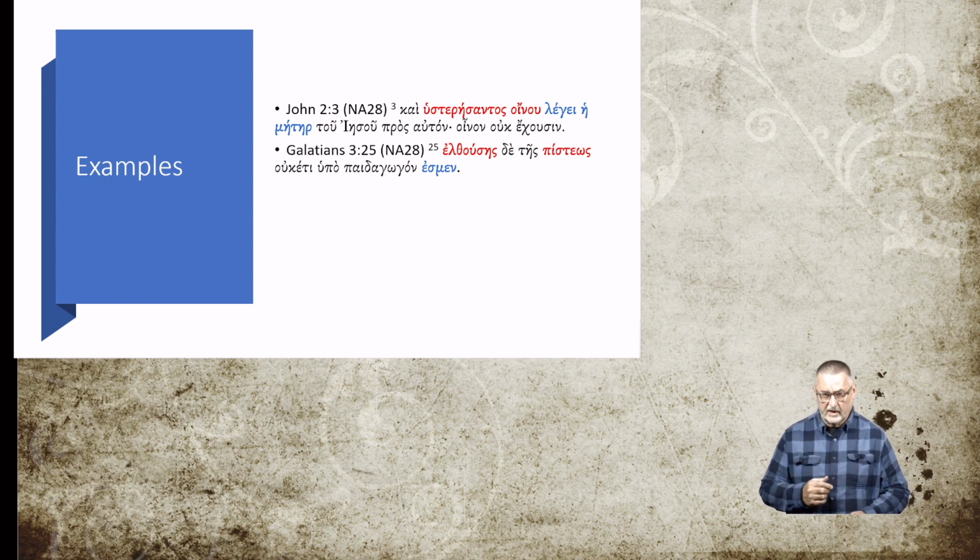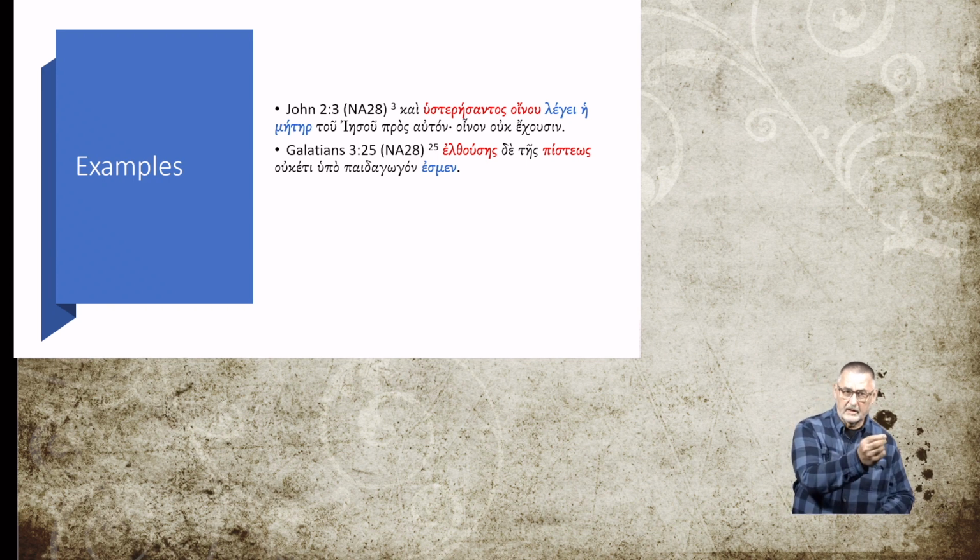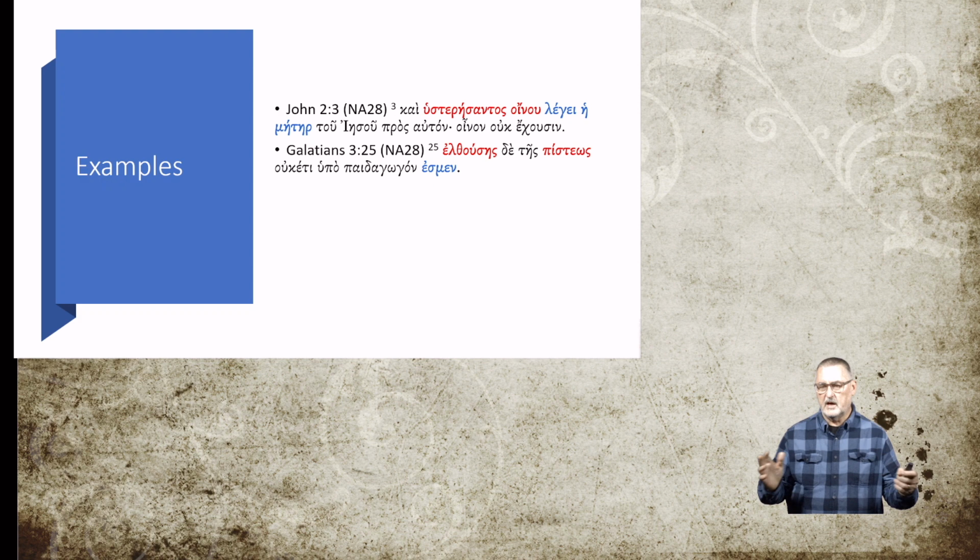In the second example, the subject of the participle is faith is coming. The subject of the main clause is we, and it's encoded inside that verb esmen. We are not any longer under a tutor.